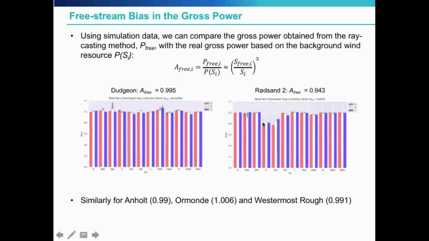So when we have a wind farm in the wake of another, we have longitudinal gradients of the wind resource that, of course, this method will not capture. In those situations, you can have a bias of up to 20%. So that's something to keep in mind. But again, since this is present both in the validation data and in the simulation, because we should use the same method, the results should not be that dependent on this particular aspect.